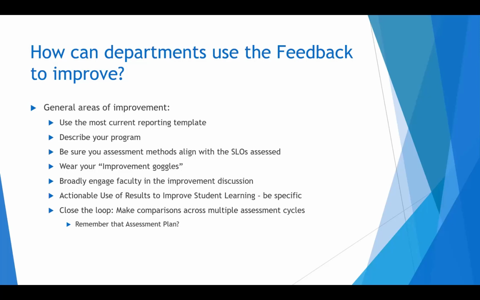And so at some point you have planned to reassess some of those SLOs that you had assessed in a prior year, and you probably had a use of results, like we said, we're going to implement X, Y, and Z. Don't forget at some point in the future to reassess that and tell us if you improved. Did it have an impact? If it didn't, it's okay. The whole purpose is that we're trying to improve.